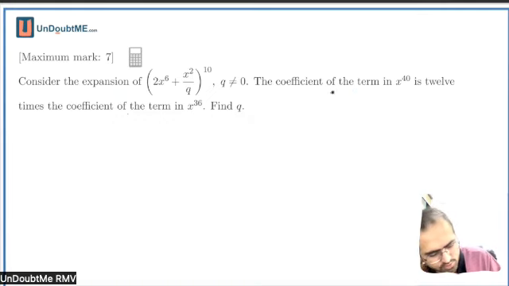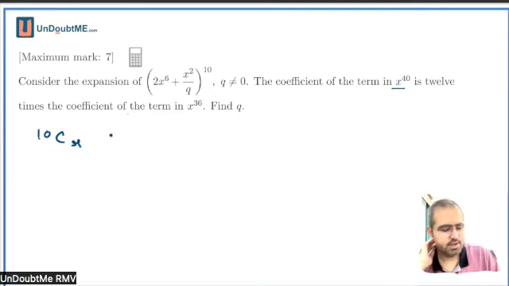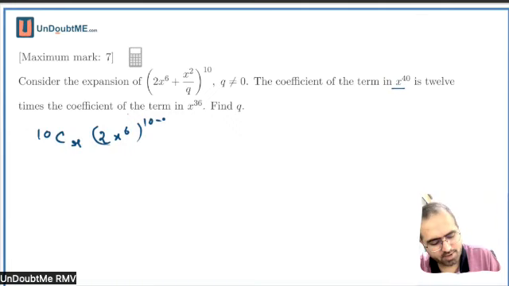Consider the coefficient of the term x to the power 40 in the expansion is 12 times another. First we should write the general term: 10Cr 2x to the power 6 raised to 10 minus r and x square by q raised to r.